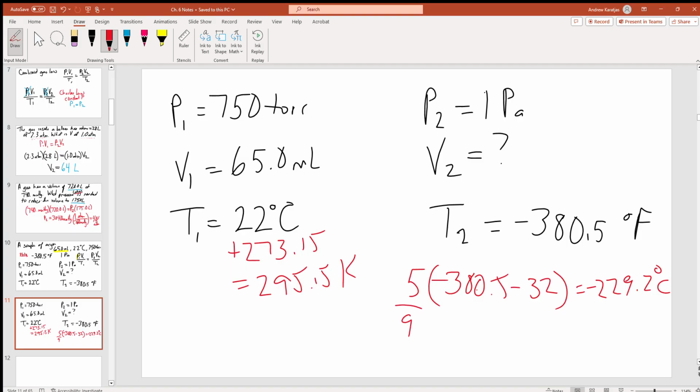Of course, we do need to go a step further and go to Kelvin. So we're going to add 273.15 to this, and we end up with 43.98 Kelvin.